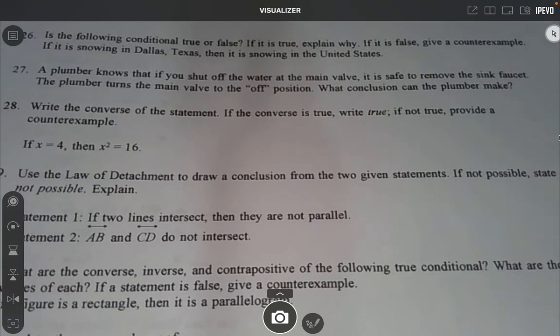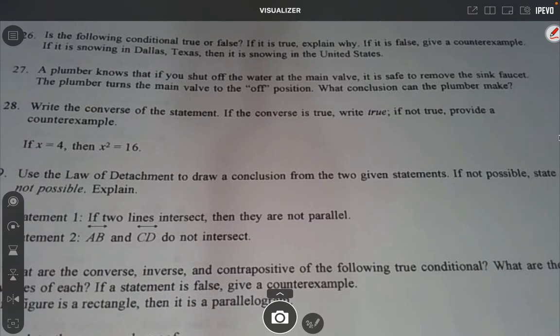But you're using this: if you shut off the water, it is safe to remove the sink faucet. The plumber shut off the water. What can you conclude? It's safe to remove the sink faucet. So that's the answer it's looking for. I think that was just on a worksheet.